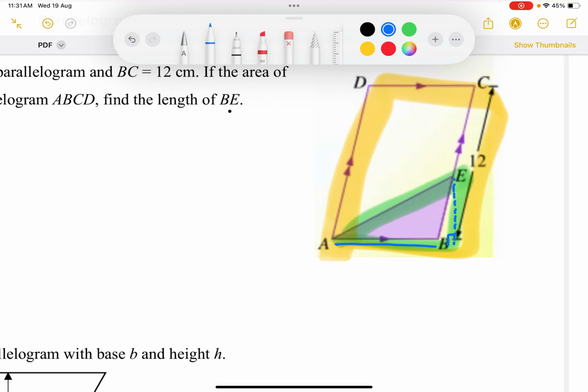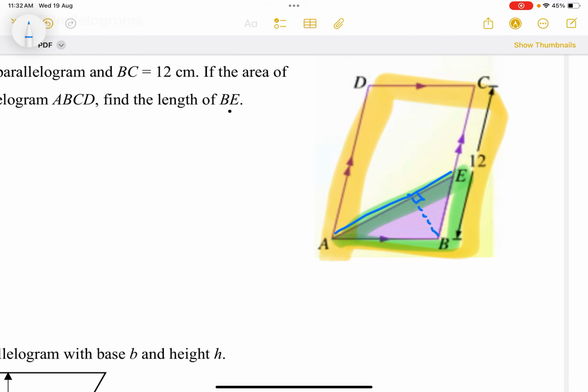But it is not the perpendicular height of the parallelogram. So no, we're not going to choose that. If we choose this as the base of the triangle, then the perpendicular height is here. But it is clearly not the same perpendicular height of the parallelogram. We're not going to use that.